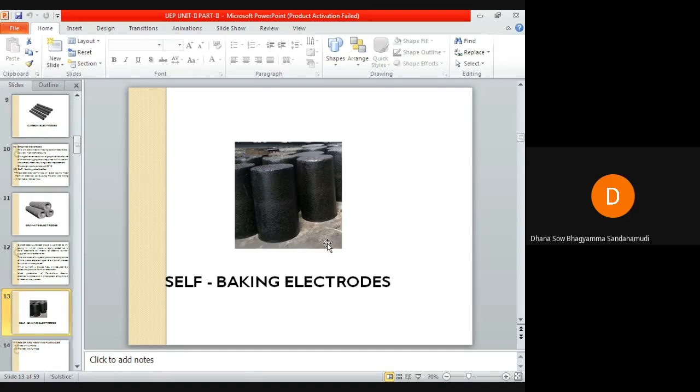The composition of the paste depends upon the type of process for which it is employed. When current is passed, heat is produced that bakes the paste to form an electrode. These self-baking electrodes are used for production of ferroalloys, in electrochemical furnaces, and in the production of aluminium by the electrolytic process.